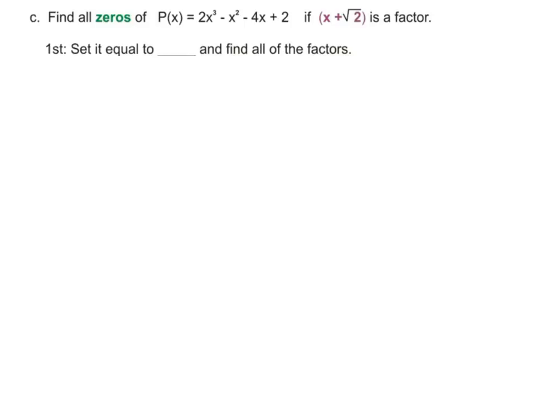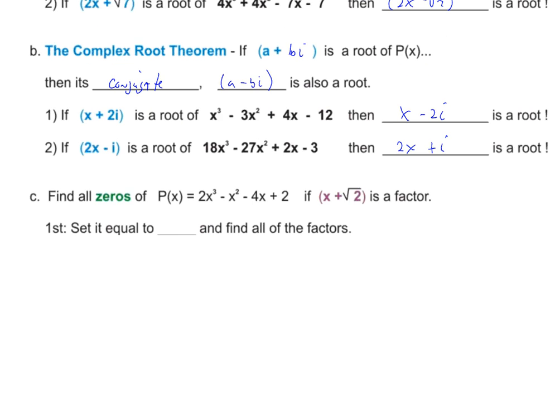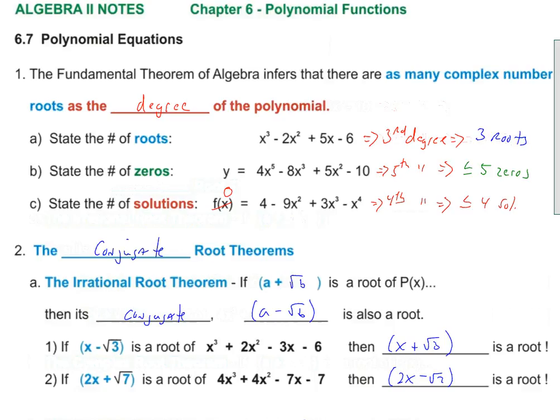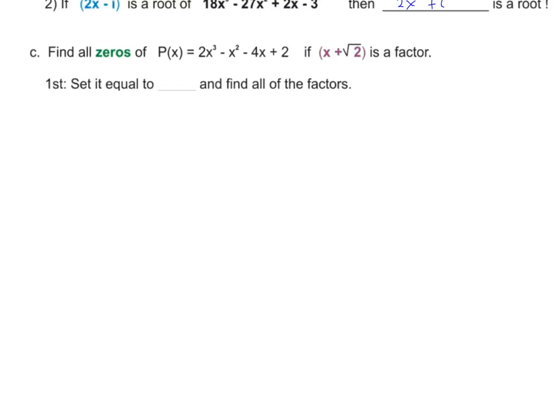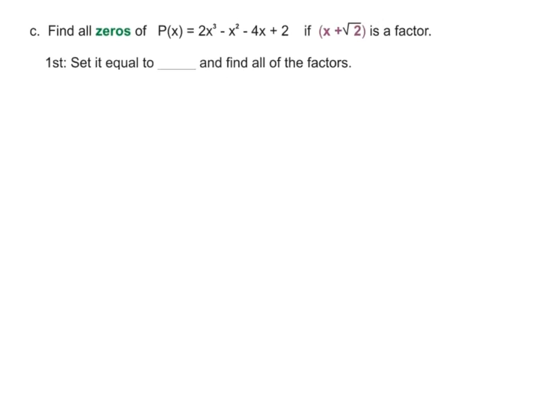They want us to find all the zeros of this function, p of x equals 2x cubed minus x squared minus 4x plus 2. How many total possible zeros are there? 3. That's how we started the whole thing, right? The fundamental theorem of algebra tells us how many possible roots or zeros. So we have up to 3.